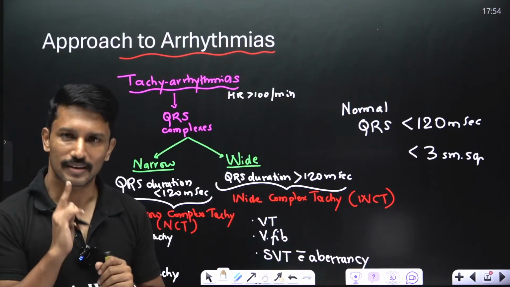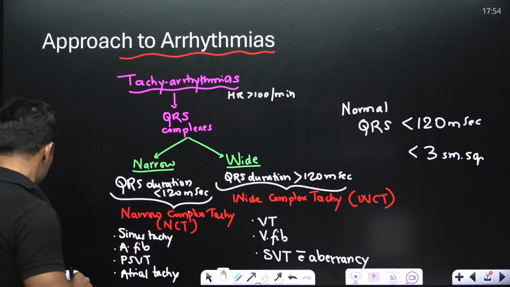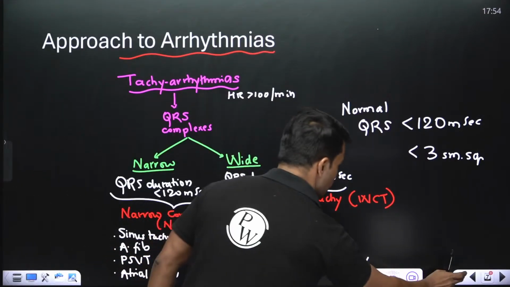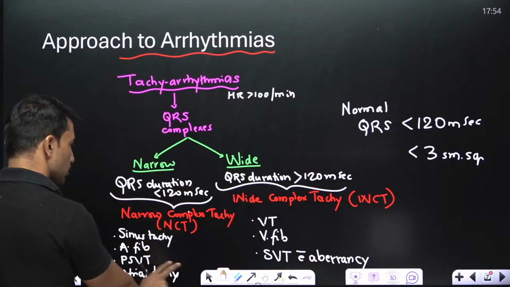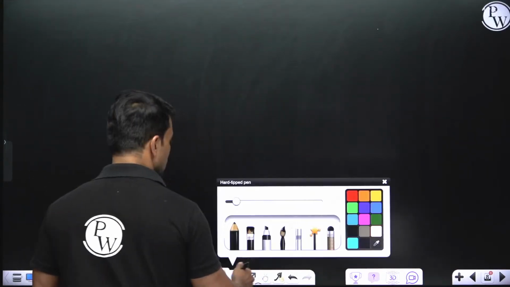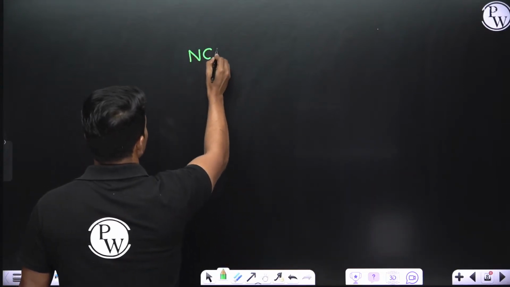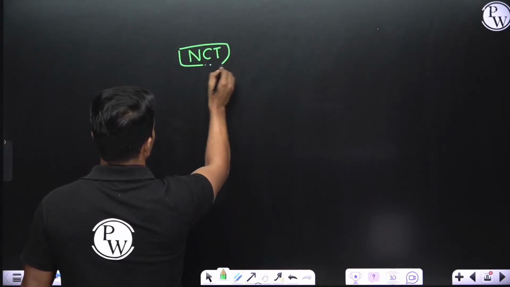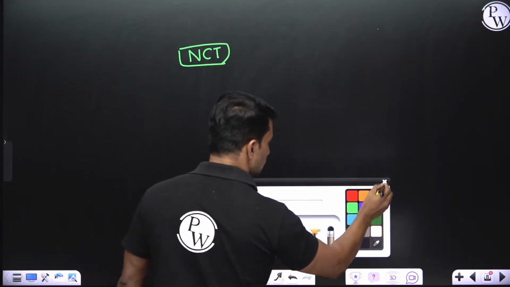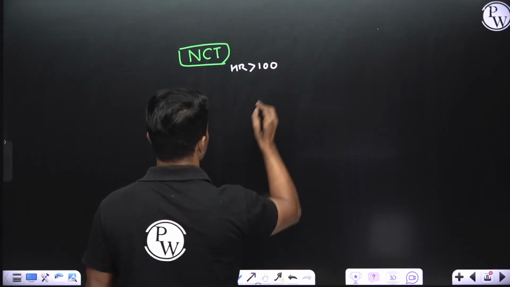Okay, so the next important thing that will help me to differentiate is the presence or absence of T waves, right? So we will today discuss the approach to narrow complex tachyarrhythmias, and tomorrow we will discuss a little more about individual arrhythmias. So if I'm dealing with narrow complex arrhythmias, that means I have heart rate more than 100 per minute.